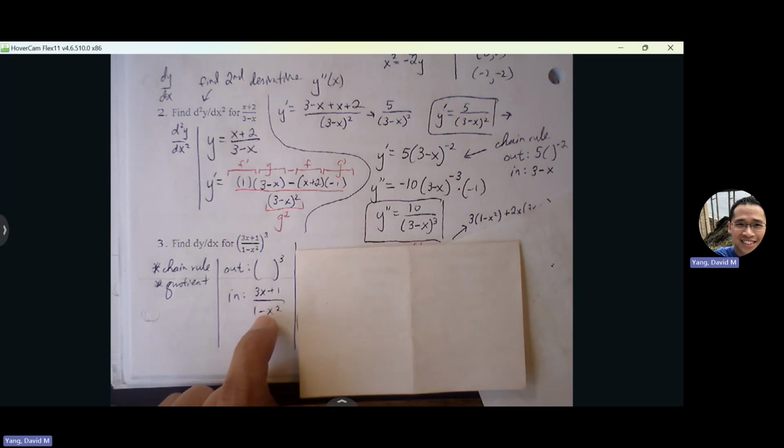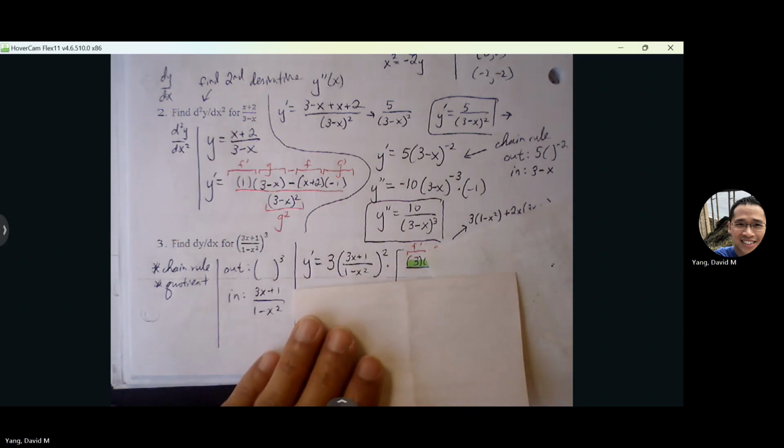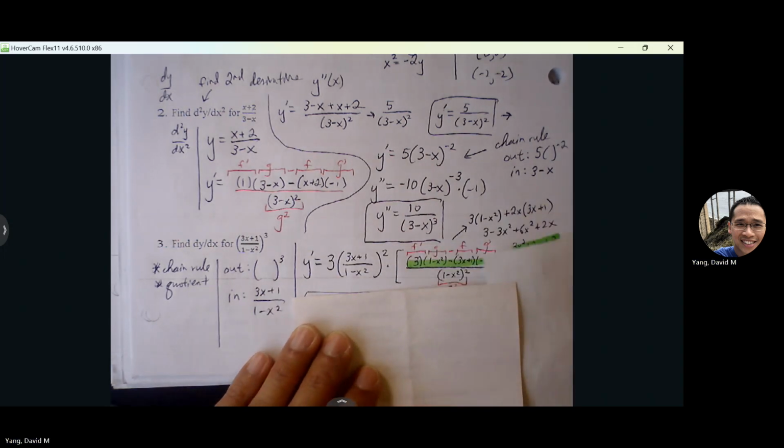Outside derivative, 3 parentheses squared. And then we can focus on the second part, which is building that derivative using quotient rule.